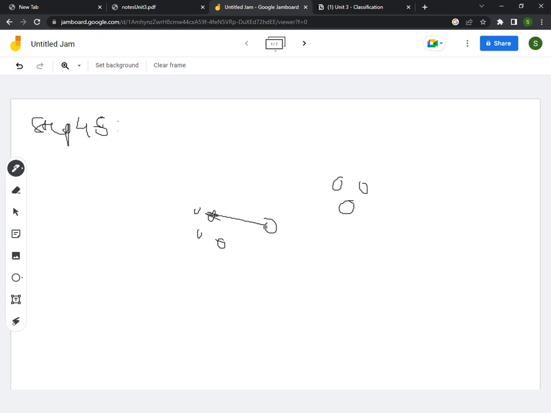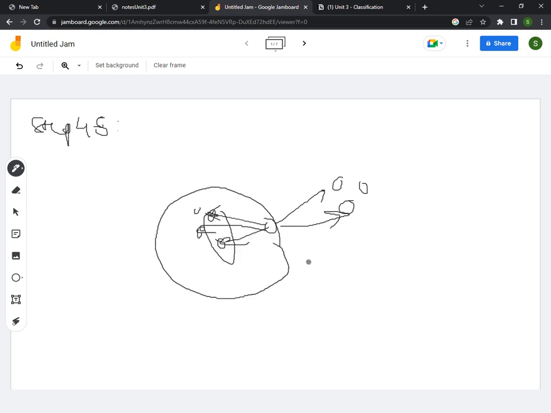We calculate this. Whatever the maximum neighbor here is, we assign this data point to it. If here the majority is 3, whereas here it is only 2, we will always go with the 3 data points that are considered the neighbors of the new data point.